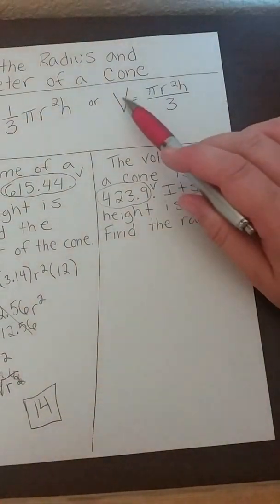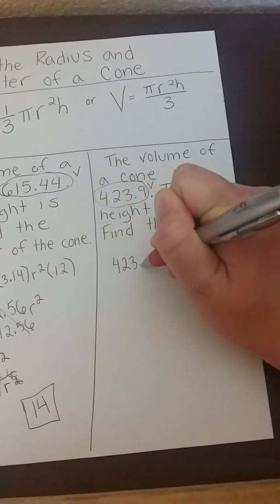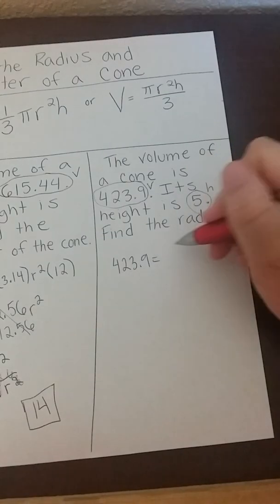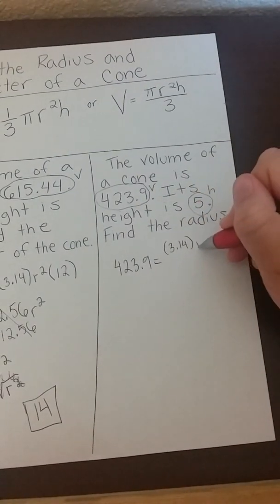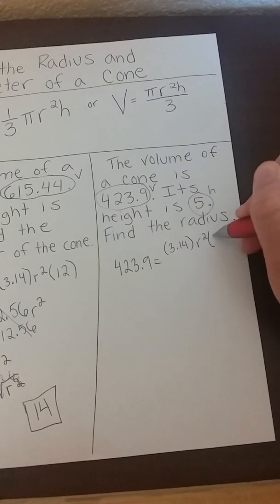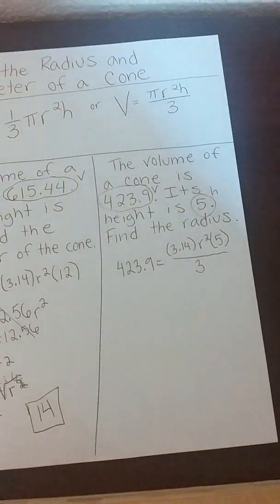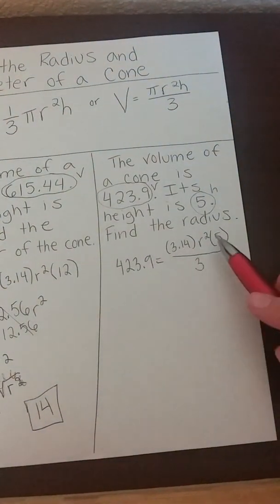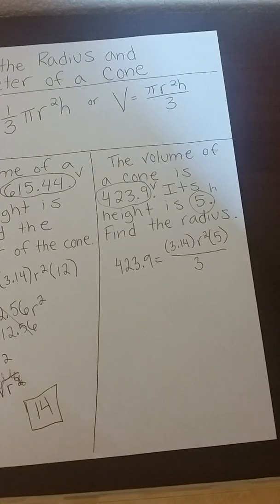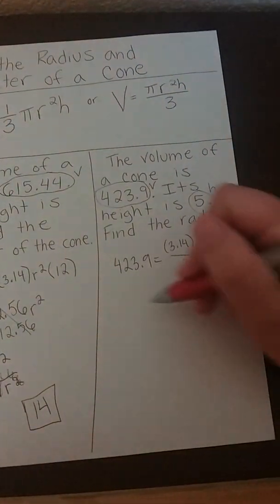When I plug things into this formula, I'm going to get 423.9 equals, for pi, I'm going to put 3.14 r squared. Height is 5 all over 3. We're going to do 3.14 times 5. So 3.14 times 5 is 15.7.